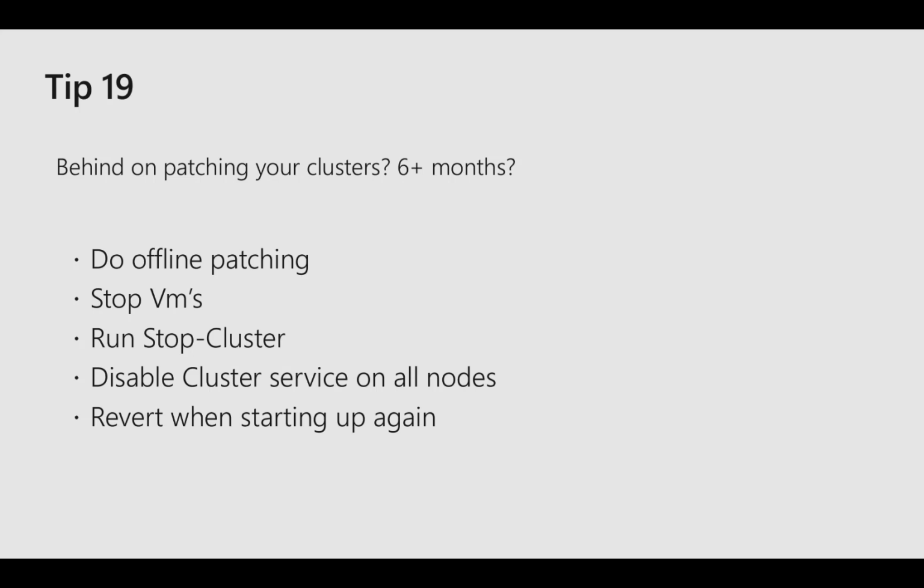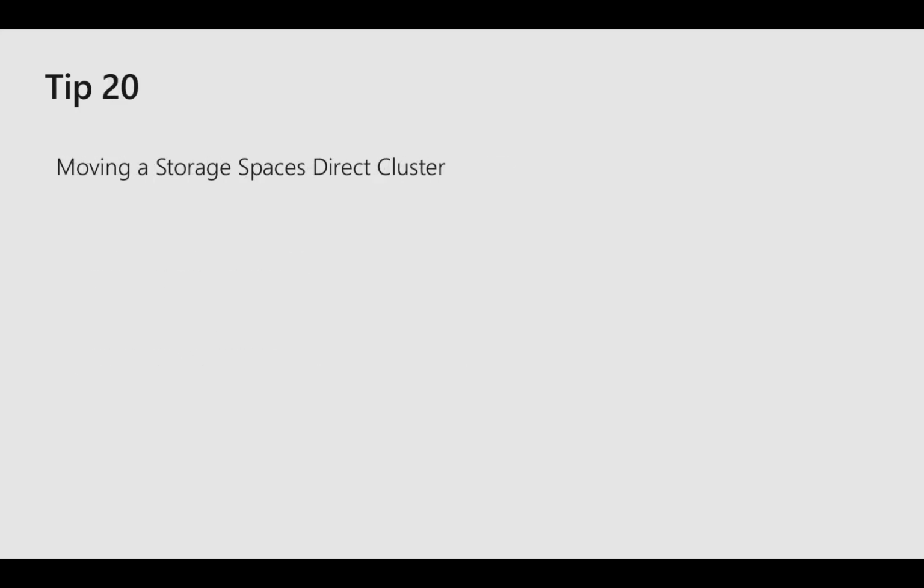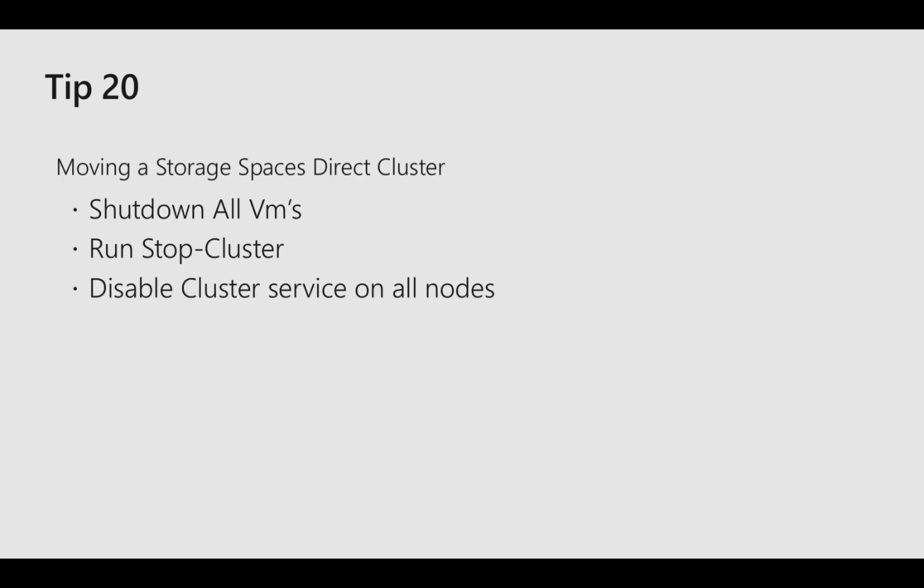Tip number 20, moving a Storage Spaces Direct cluster. In some scenarios, people are moving their Storage Spaces Direct cluster from one data center to another. You can do this basically the same way as offline patching. So you shut down all the virtual machines, run stop cluster, and disable the cluster service on all nodes. Then you shut down all the servers.